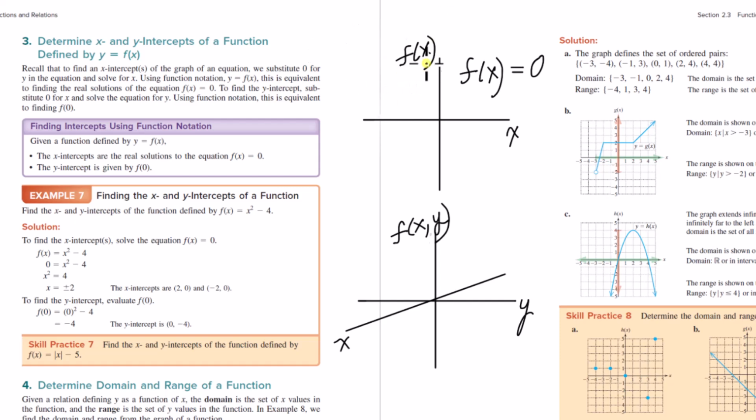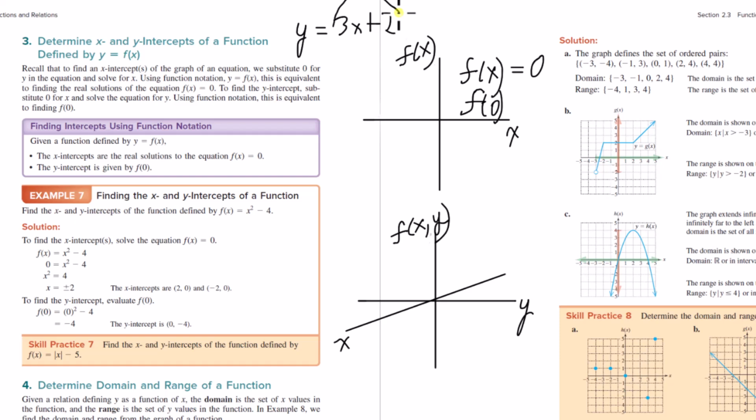And if you're thinking about where the function intercepts the f of x axis or the y axis, well, all you're doing there is just setting x equal to 0 and solving for y.